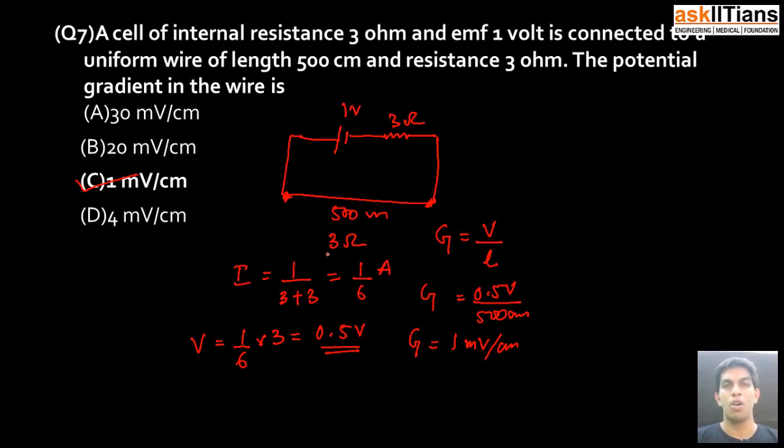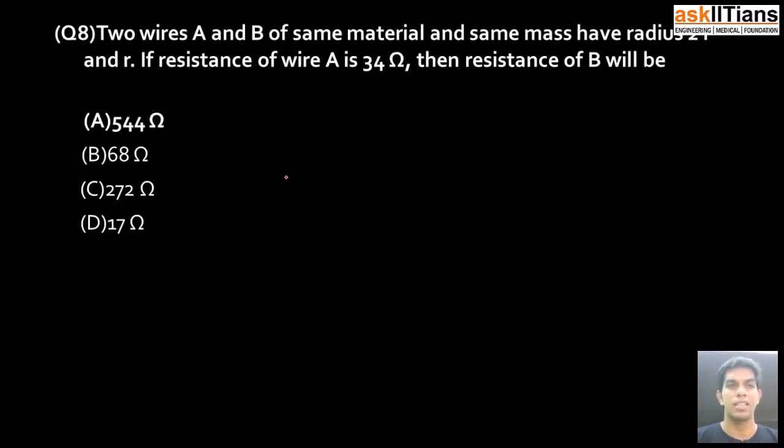So let's move on to the eighth question. It says, two wires A and B of the same material and same mass have radius 2r and r. If the resistance of wire A is 34 ohm, then the resistance of B will be ___.